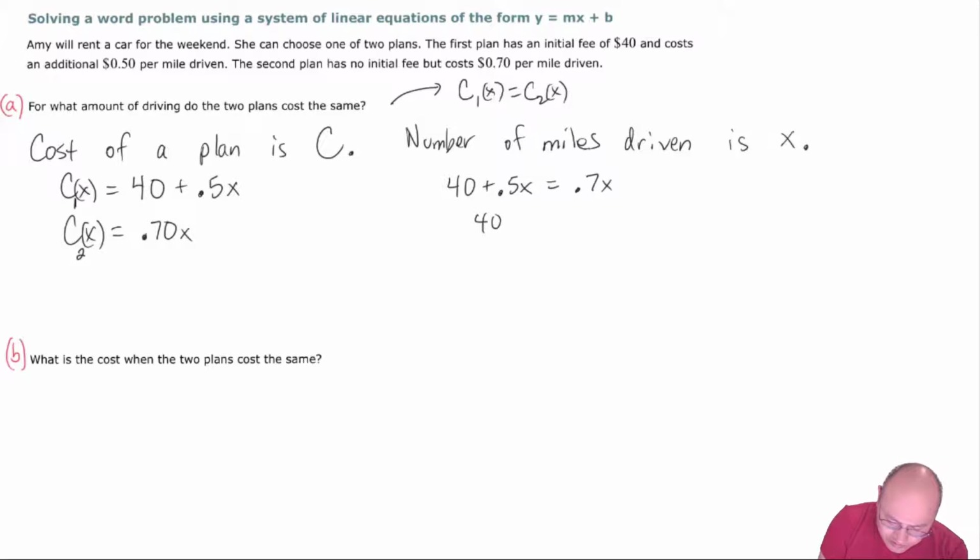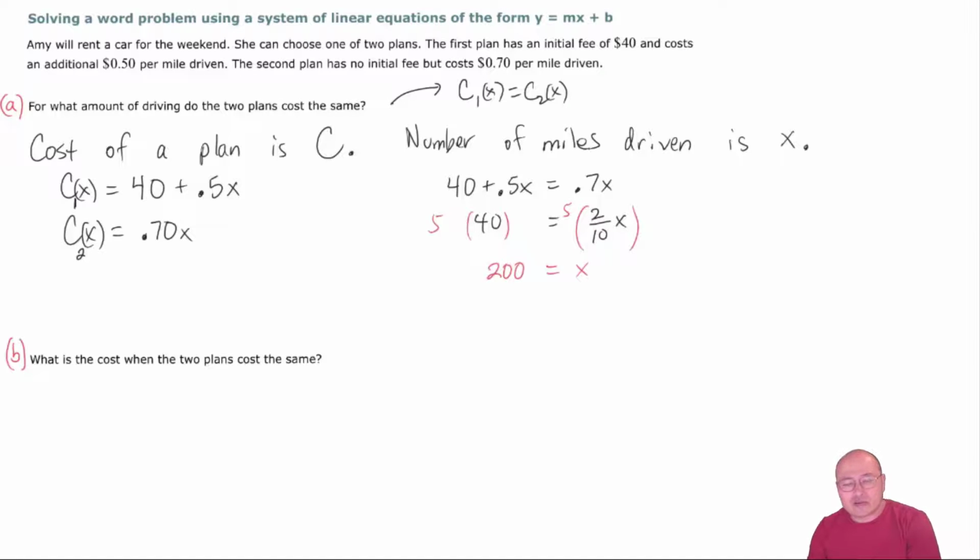So 40 is equal to 0.2x, which is 2/10 x. Let me erase that decimal there. There we go. And of course that is 1/5, so you multiply both sides by 5, we're in good shape. So we finally get 200 is now equal to x.